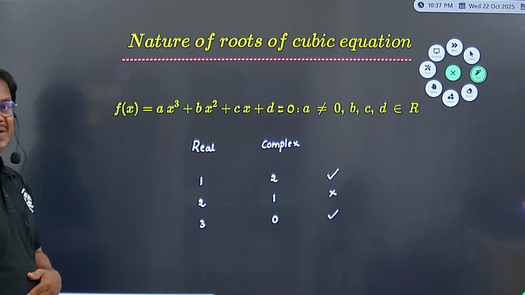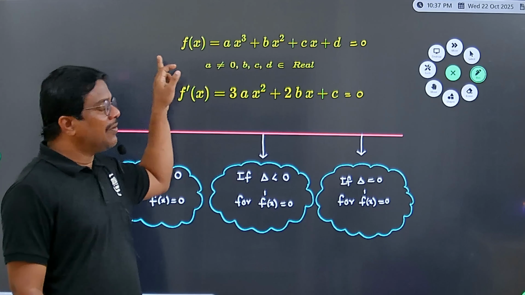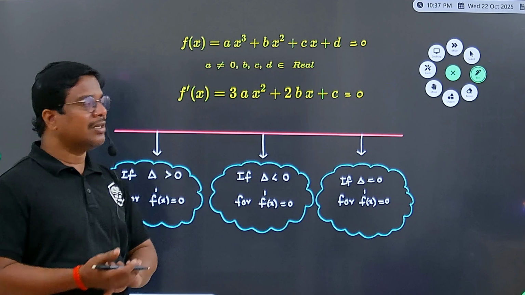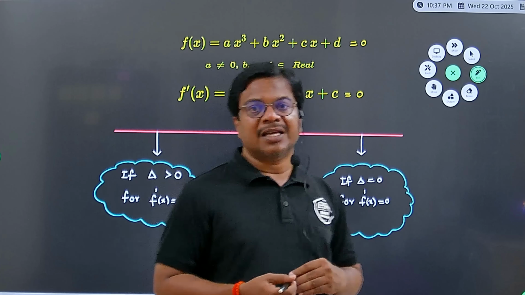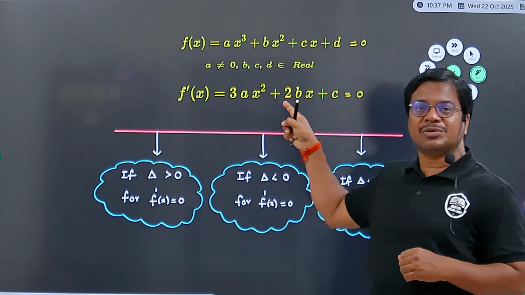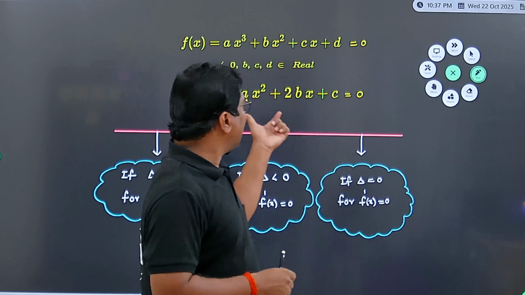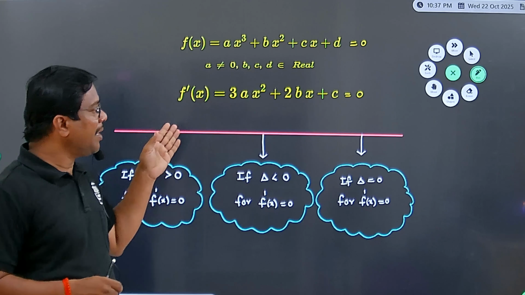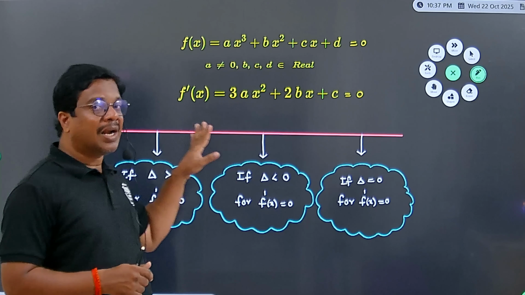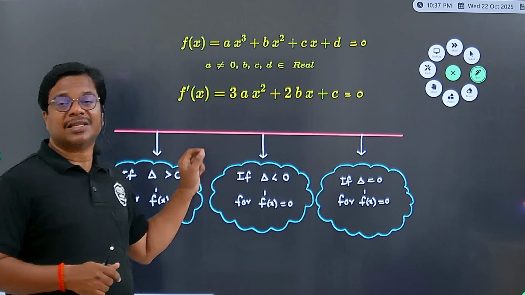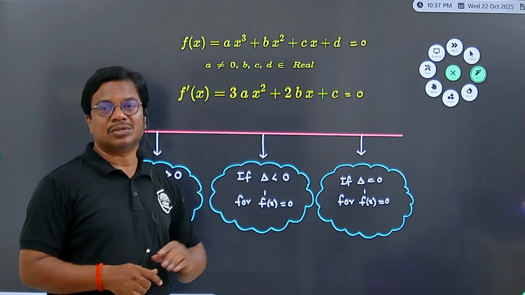Yes, let us discuss these possibilities from the given cubic equation. Since f of x is a cubic equation, when you differentiate it with respect to x one time, its derivative reduces to a second degree equation, and we know that a second degree equation may have 2 different real roots, or it may have equal roots, or third case, it may have no real roots.